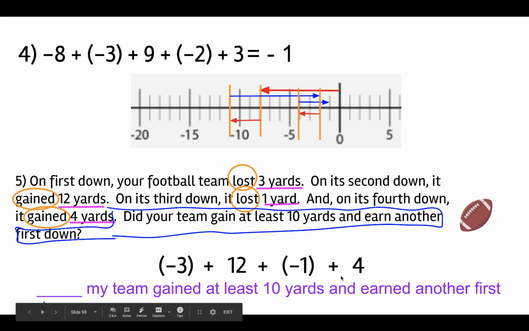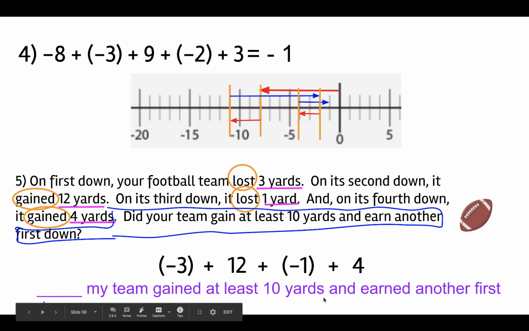What does that give me? Well, -3 plus 12. You're at -3. You're going to be adding 12, taking 12 steps to the right. Where would you be? 9, right? Now, you're going to add a -1 to that. So you're going to back it up 1 step from 9. You're at 8. And now you're adding 4 to that. That would bring you to 12.